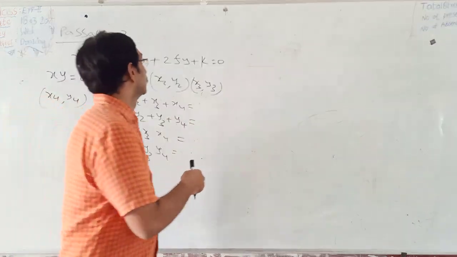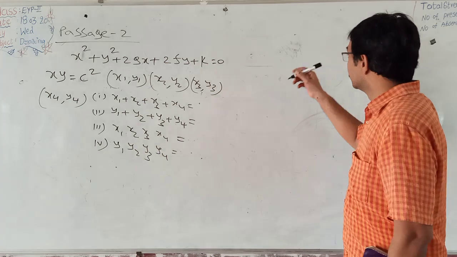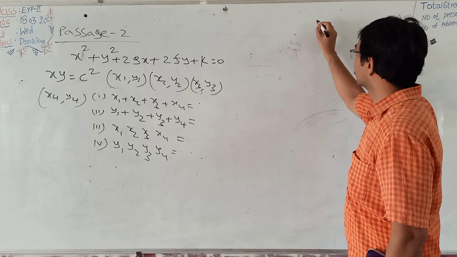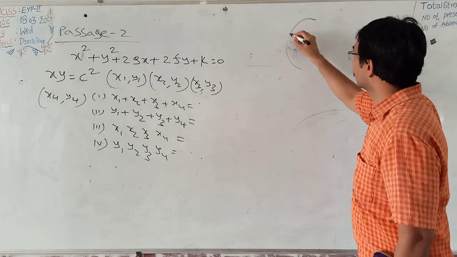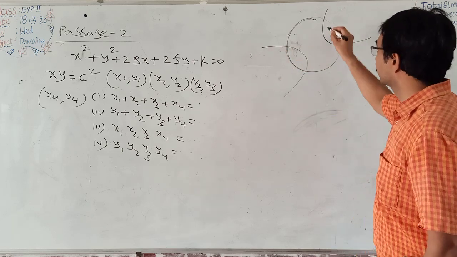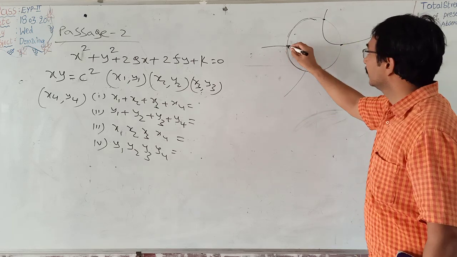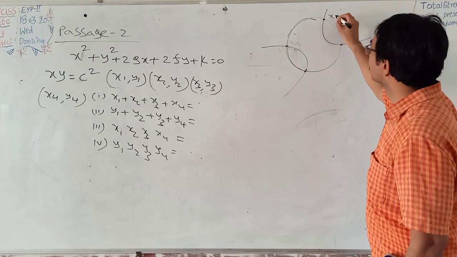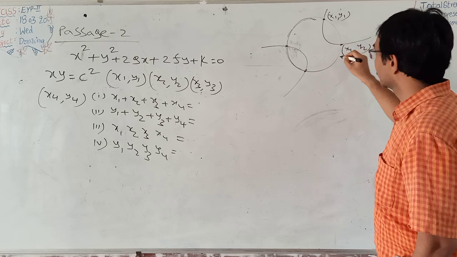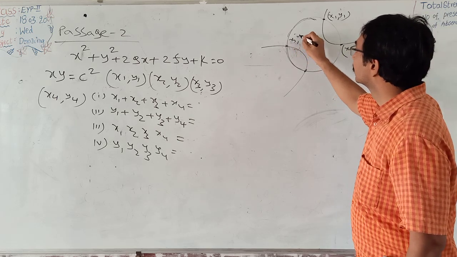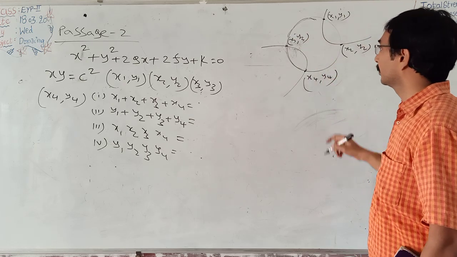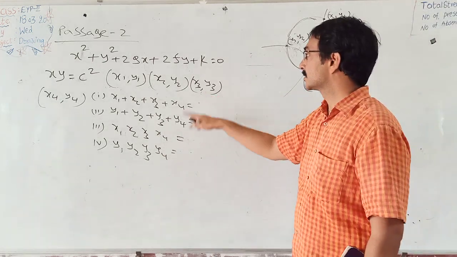See, the circle is given that it cuts the rectangular hyperbola xy equals c square in 4 points (x1, y1), (x2, y2), (x3, y3), (x4, y4), then the values.